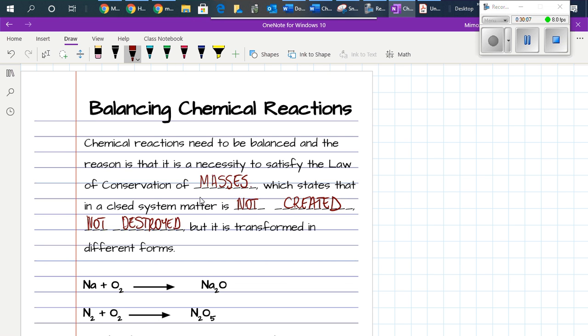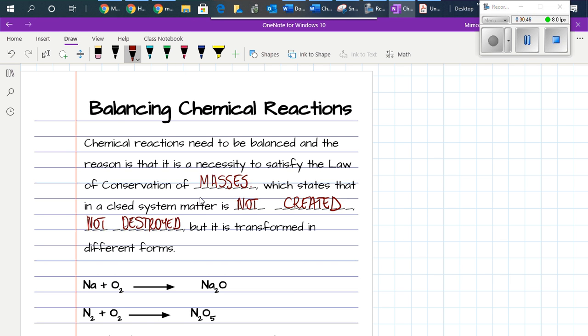So it is saying that if two elements or compounds are bonded together to form some other elements or compounds on the other side of the reaction, the number of atoms on one side has to be equal to the number of atoms on the other side. If we have, let's say, 5 of one type of atom on one side, then we should have 5 of the same type of atom on the other side.